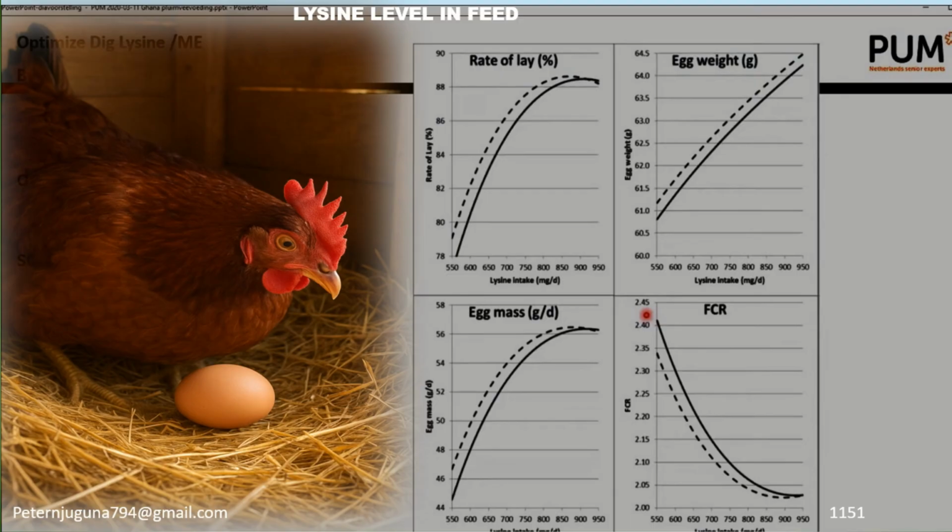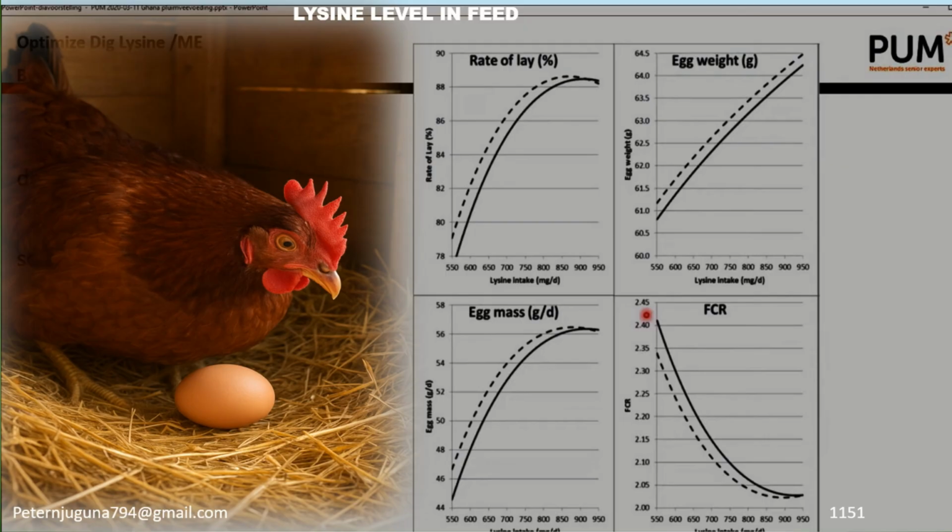As you can see, as you increase the level of lysine in the diet, you are increasing the rate of lay. We can take an example that if you are feeding your poultry with 600 milligrams per day, you will get a rate of lay of about 79%.